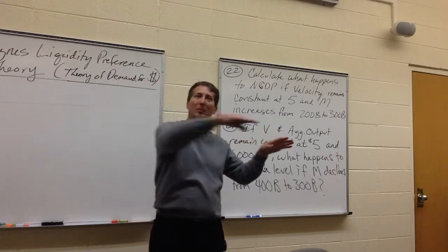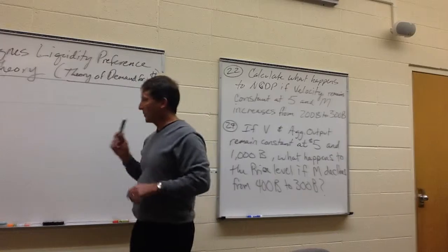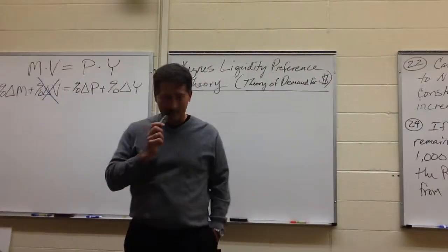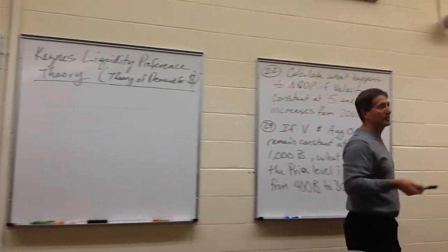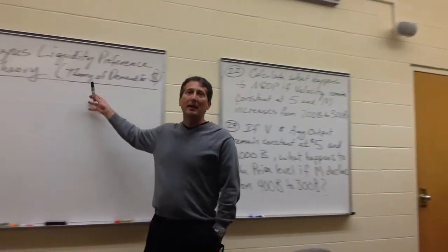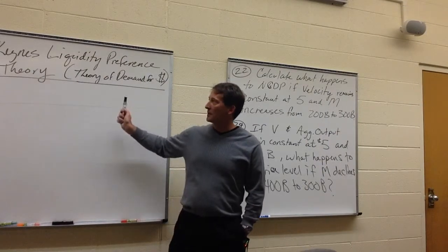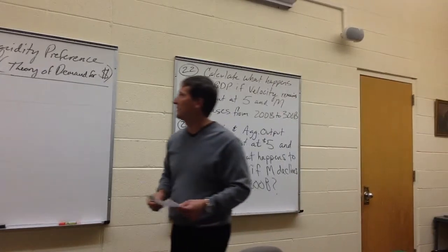We can stabilize the ups and downs of the economy. That's what Keynes put into play: the use of government spending in the economy to help bring about prosperity ultimately.